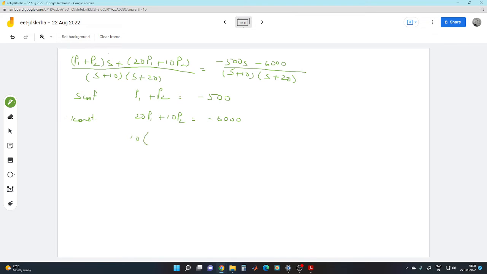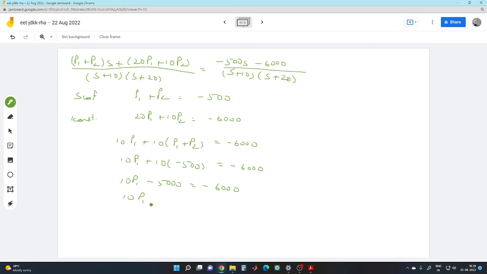So we can do a much simpler approach. 10 P1 plus 10 into P1 plus P2 is equal to minus 6000. We know P1 plus P2 is equal to minus 500, so we can write 10 P1 plus 10 into minus 500 is equal to minus 6000. Thus 10 P1 minus 5000 is equal to minus 6000.